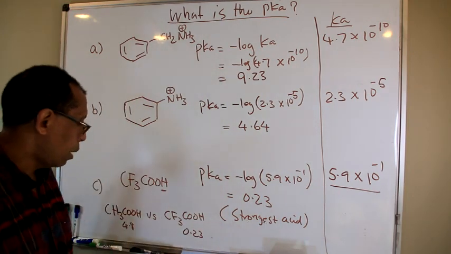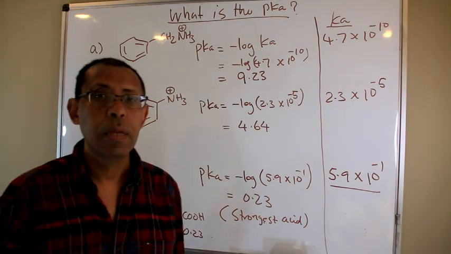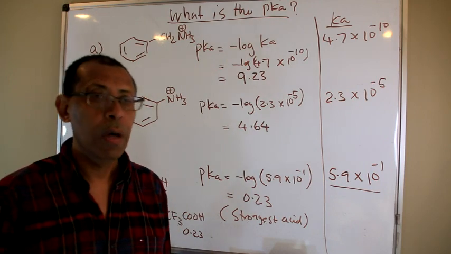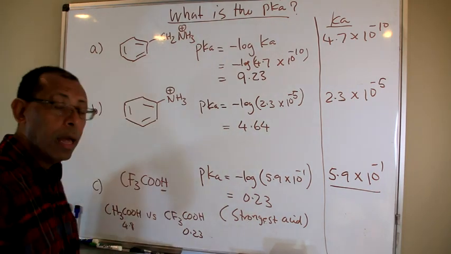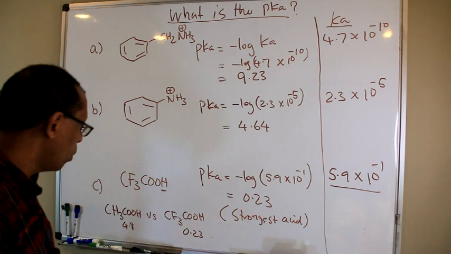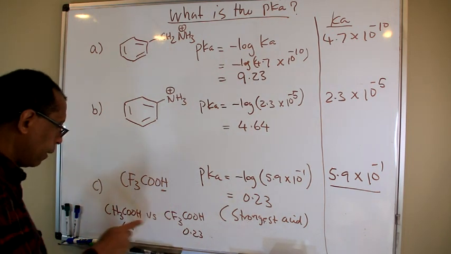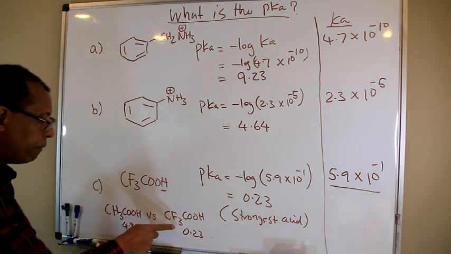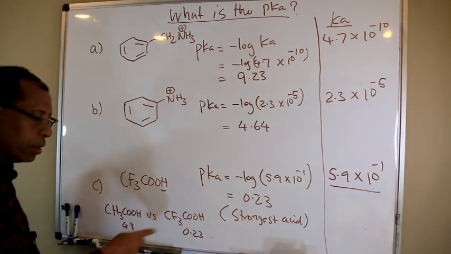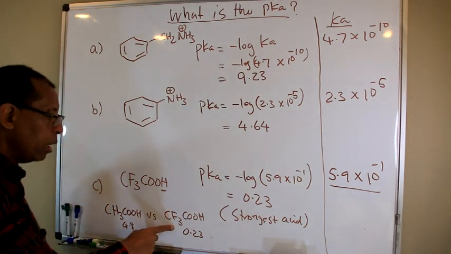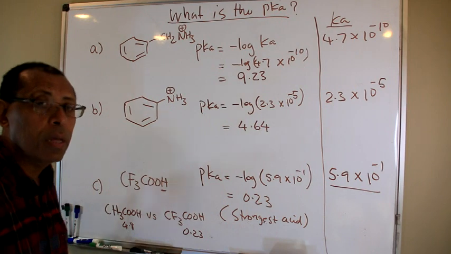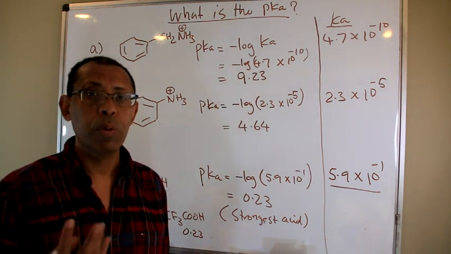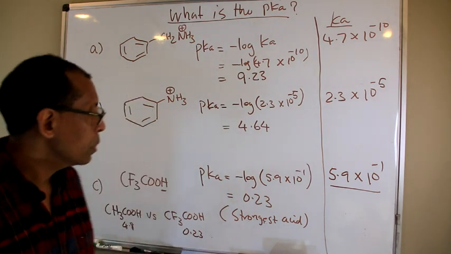If you remember, some of the factors that affect the acidity or basicity of a compound is the inductive effect. So with the inductive effect of fluorine, having fluorine instead of hydrogen on trifluoroacetic acid, fluorine induces a very significant inductive effect to stabilize the conjugate base.